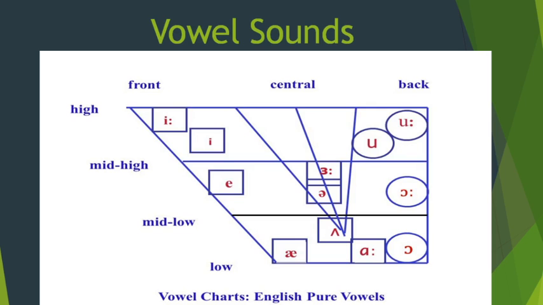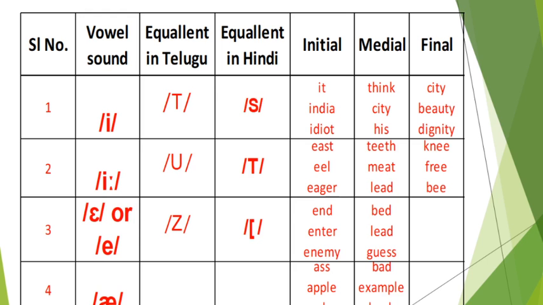Now the examples. It also happens initially, medially, but not finally. It will not happen finally. See, initially it happens in the words such as end, enter, enemy.